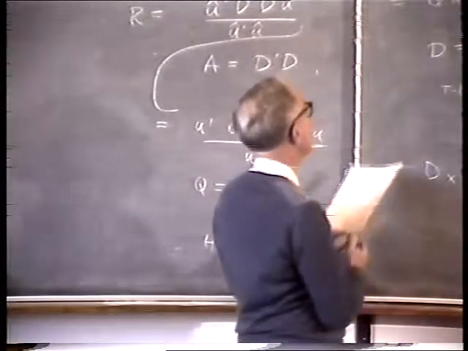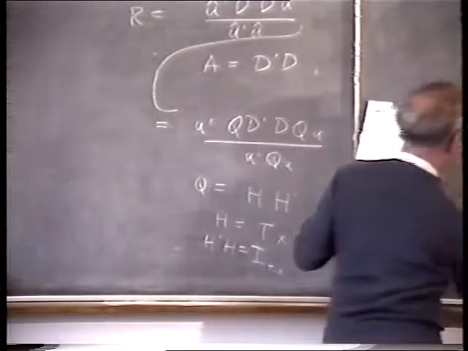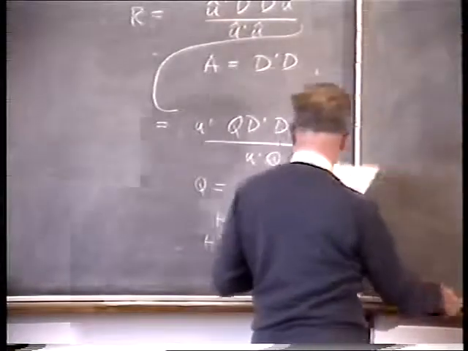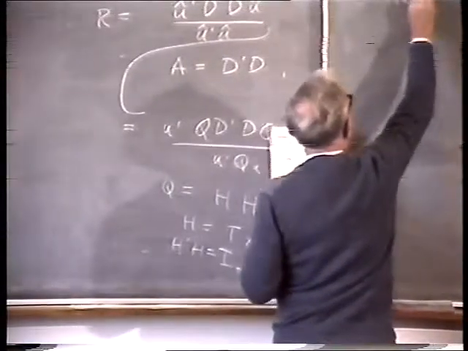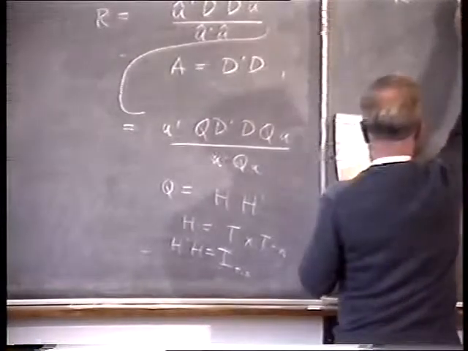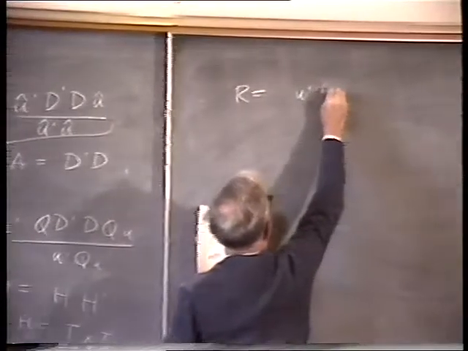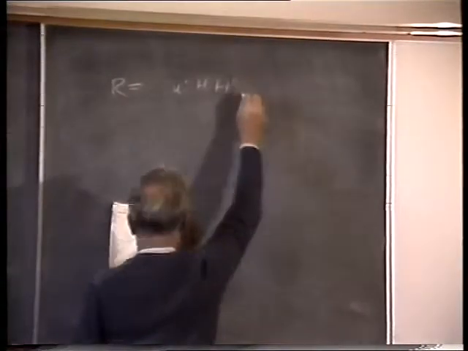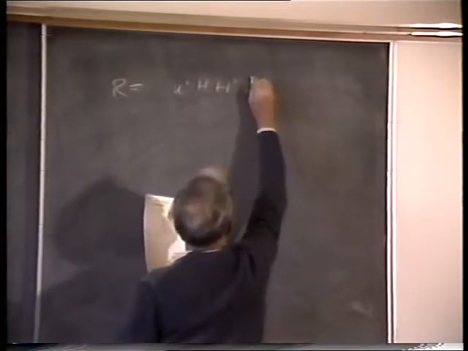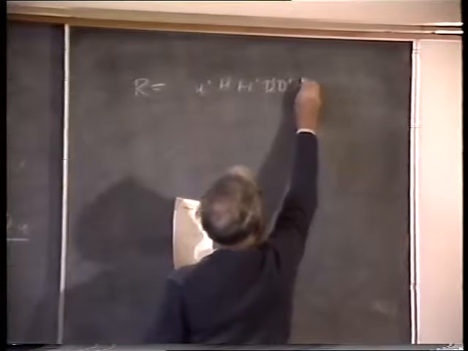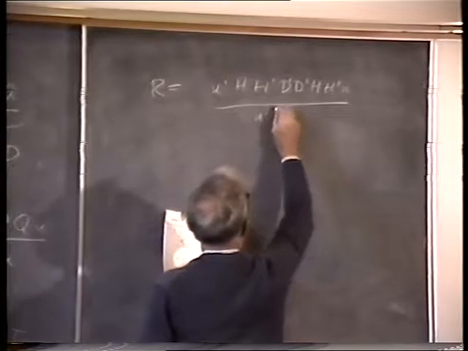Then if we substitute that into our previous formula, of course we get that R is U prime H prime D prime D H prime U, similarly down here.